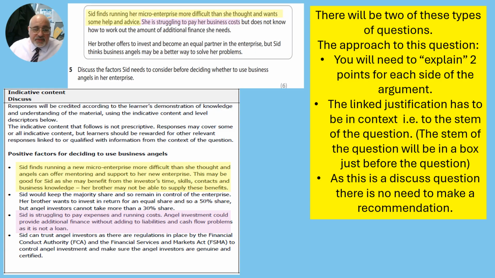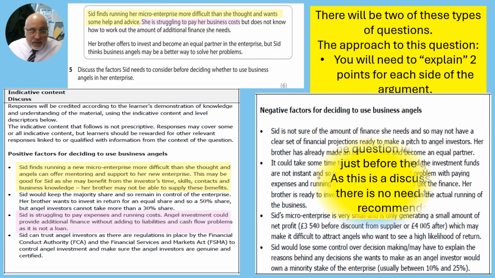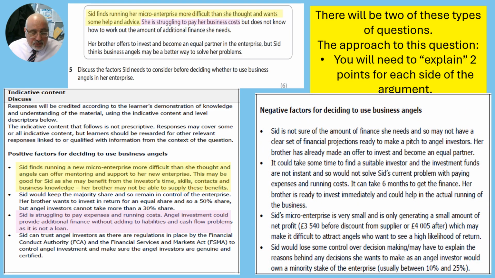So you can see that the mark scheme is telling us to use the stem of the question in order to justify why it's an advantage. The same with the negatives. If you look at the first point of the negative, Sid is not sure of the amount of finance she needs and so may not have a clear set of financial projections. It tells us in the stem. So the exam board are telling us use that information to make sure you are justifying your point.